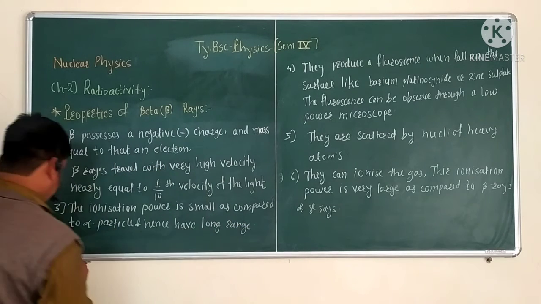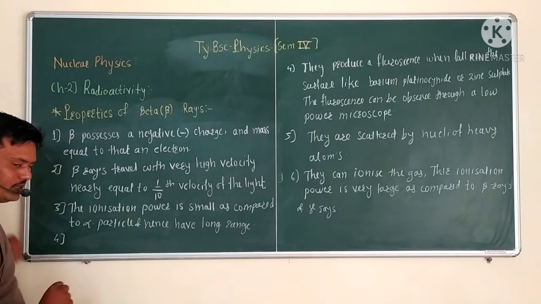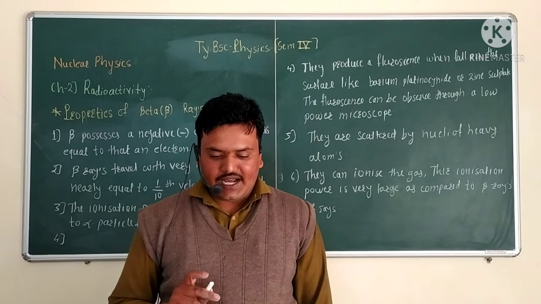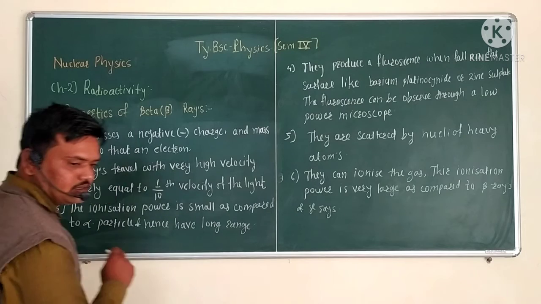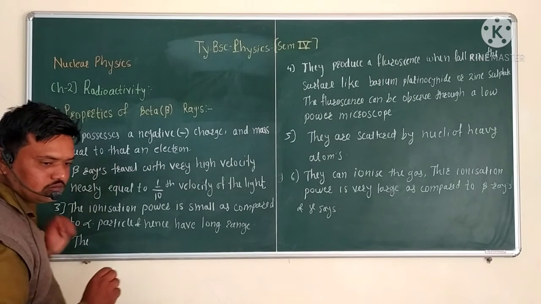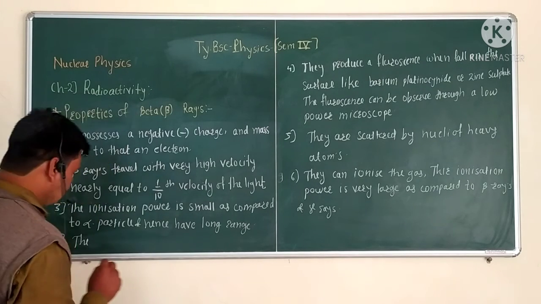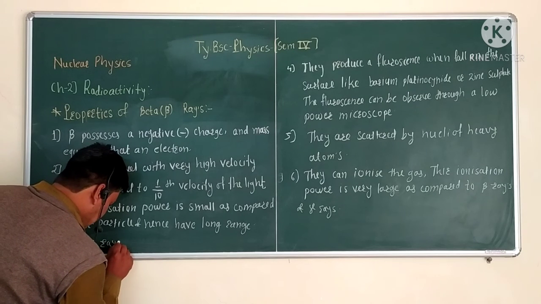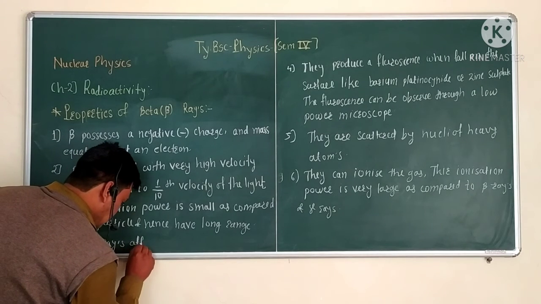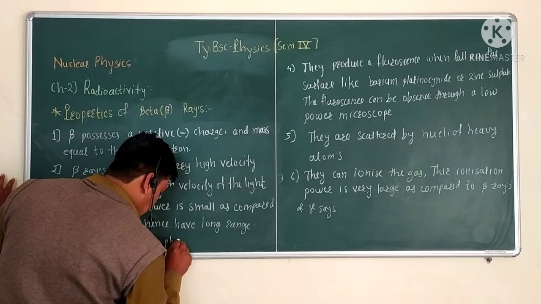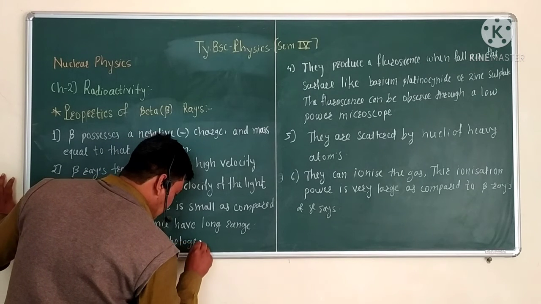The next property of the beta particle is that these rays affect photographic plates.